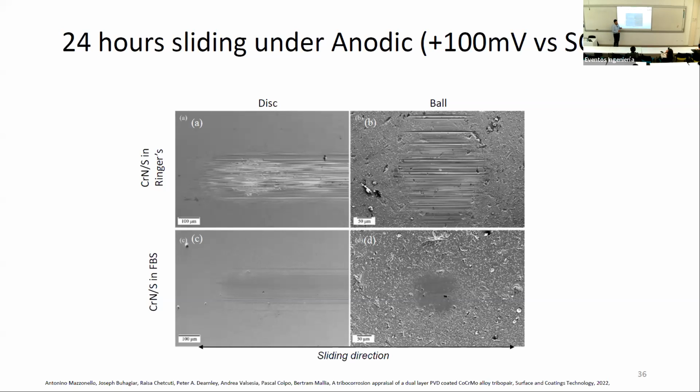Will it fail gradually? Will it fail catastrophically? That is something that we have to see. But these results are quite interesting. We also carried out some FIB cross sections inside the scars, and we observed that any cracks which were forming here were all being limited within the chrome nitride, cobalt chrome molybdenum interface.